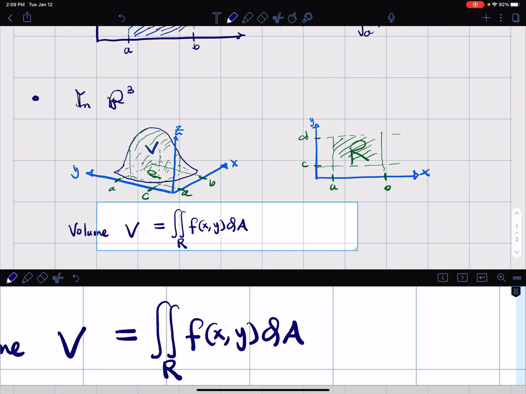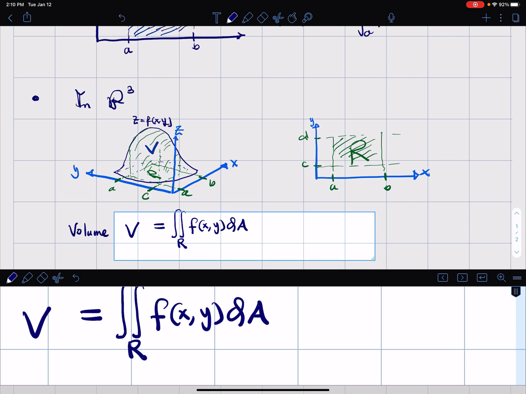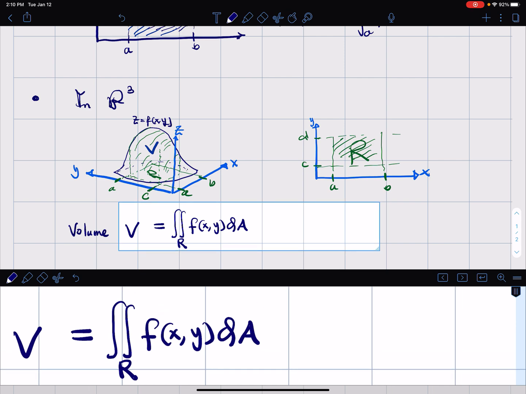So this is the notation for it. Remember, this is our function z equals f of x, y. So the volume is this double integral.